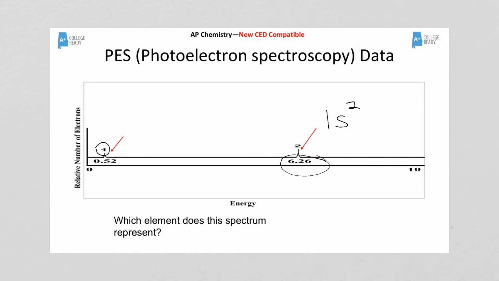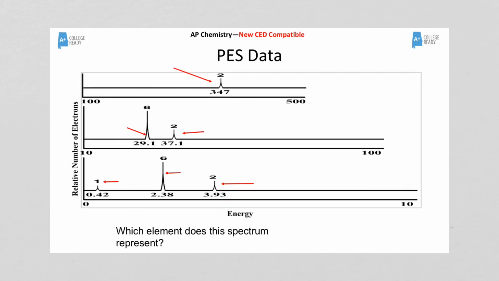So what would we expect this second peak to represent? Think of electron configuration. What comes next? That must represent the 2s orbital, and notice it's half as tall, so that must be 1 electron there. Knowing this electron configuration, we could figure out from our periodic table that it is lithium.